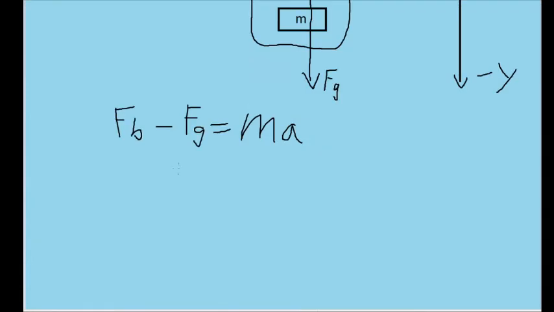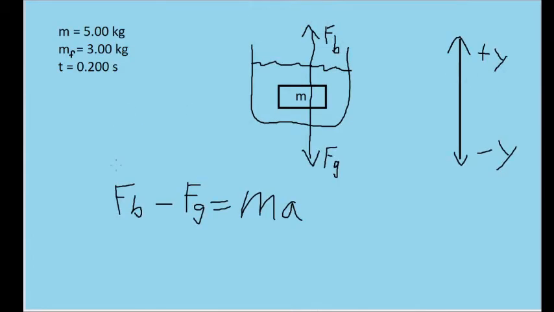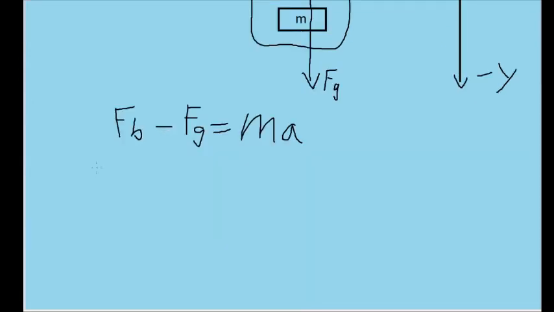Now let's sub in some variables here to make it more clear how we can relate this formula to the variables the problem gives us. We have that the buoyant force on an object is going to be equal to the mass of the fluid being displaced by the object times the acceleration due to gravity.